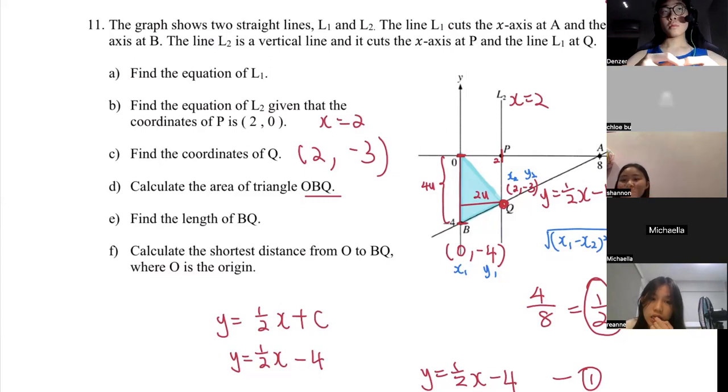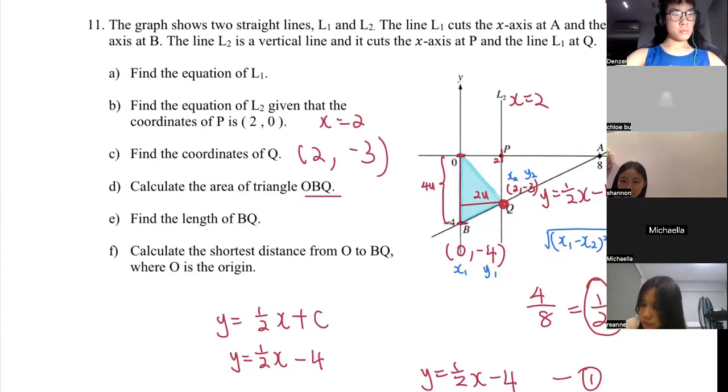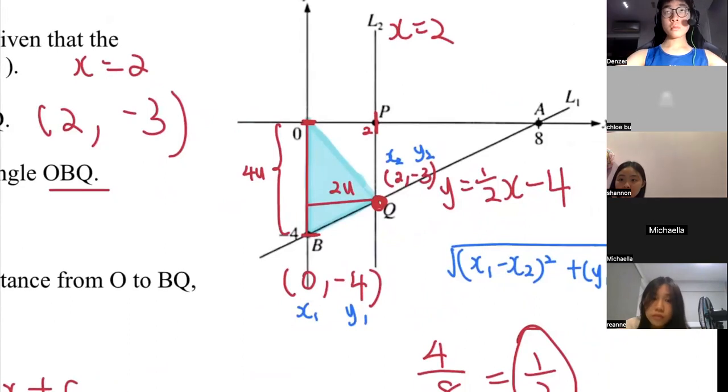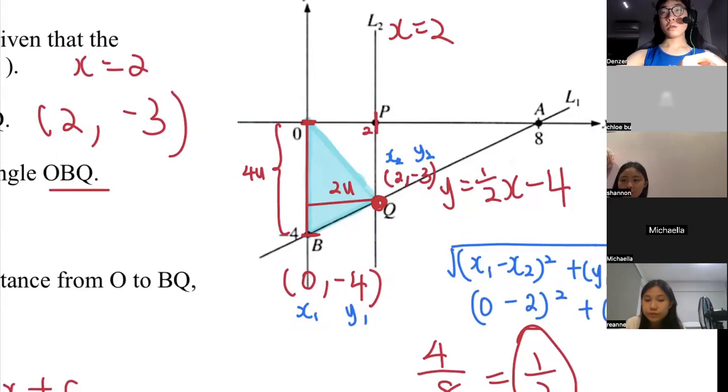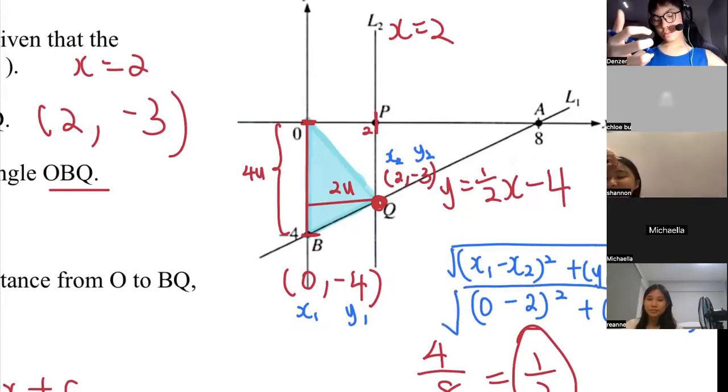It's not correct. x1 minus x2 squared plus y1 minus y2 squared, whole thing square root.